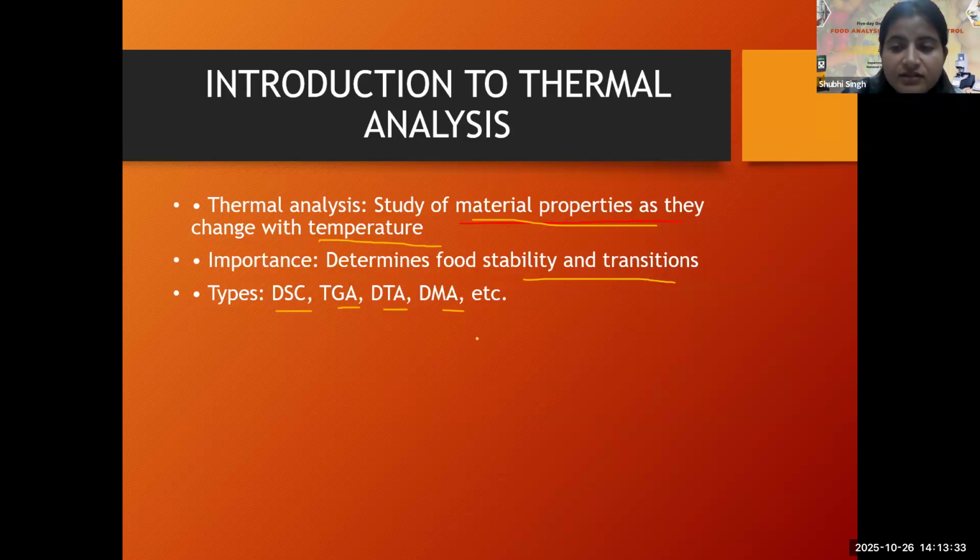DTA is differential thermal analysis. And DSC, we know, is differential scanning calorimetry. So these are different types of thermal analysis. Among these, DSC is the most important, which is used for food properties or food applications.